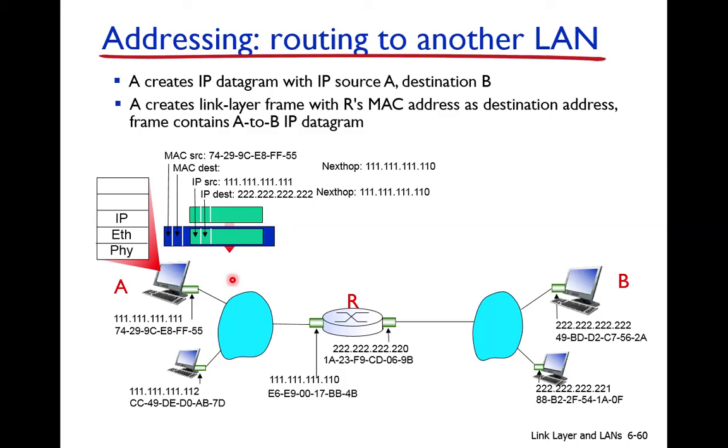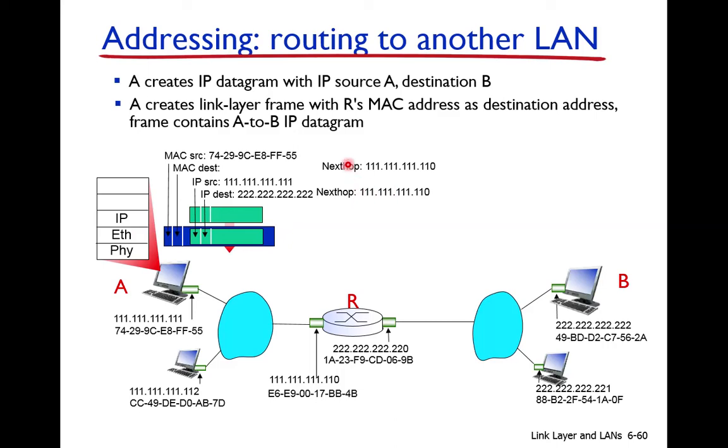The source MAC address will be the MAC address of host A. Host A knows its source address, so it is put here. But for the MAC destination address, the network layer tells the Ethernet layer that this packet should be forwarded to the next hop.